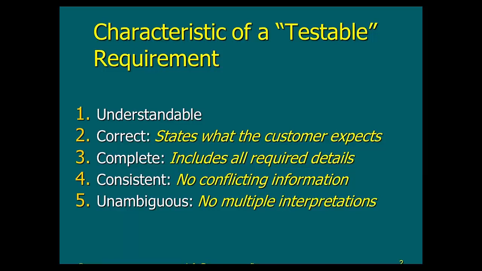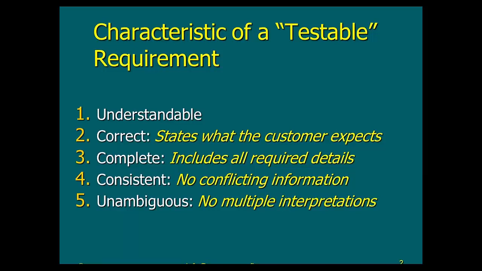I call them essentials because if a requirement or a user story is not satisfying one of those, I am going to suggest that you don't use it with your development team to build your code and your design, and you don't give it to your test team to build their test cases.